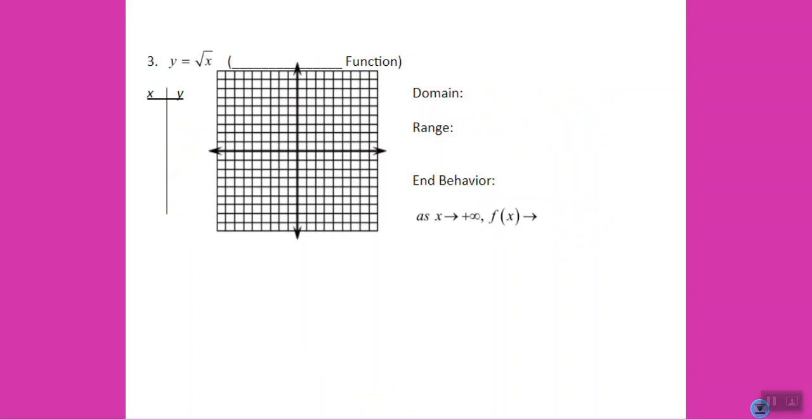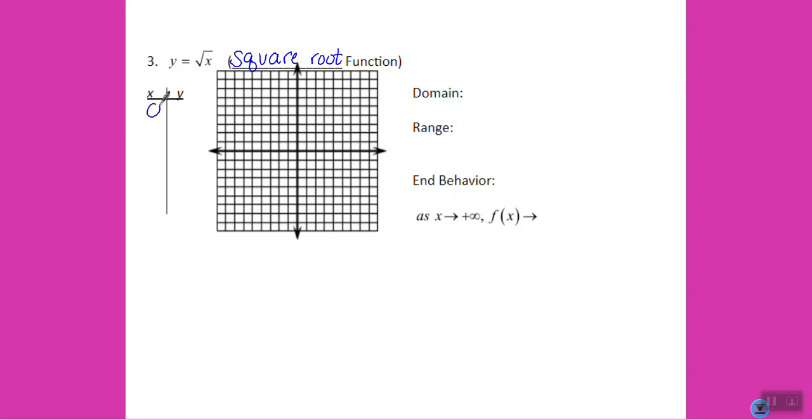Next, we have the square root function. Now, we can't square root every number. We can only square root positives, and for the purposes of what we're doing, we want to square root perfect squares so that we get whole number answers.